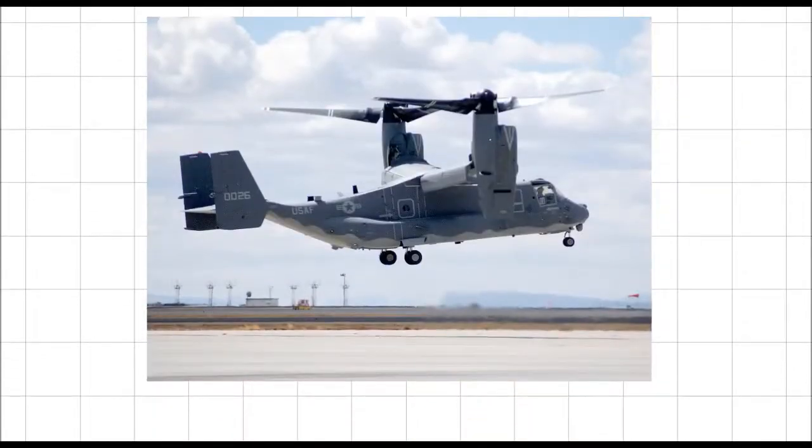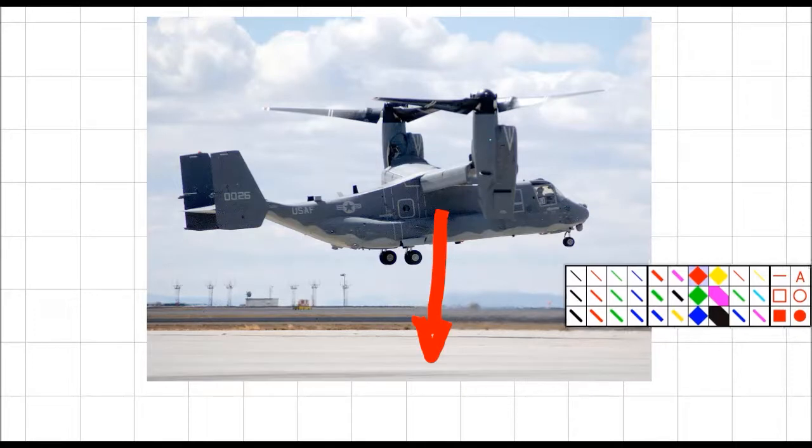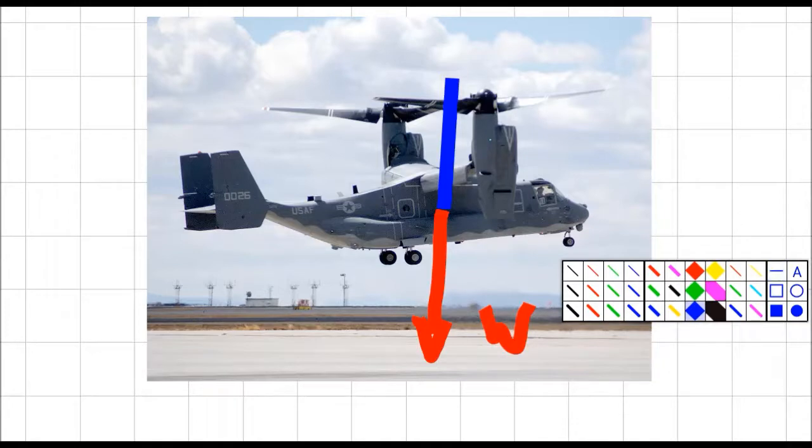Exactly, same answer. The weight acting on this aircraft downwards is countered by an equal but opposite directed lift. And that makes the aircraft fly.